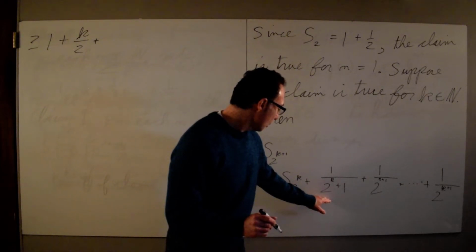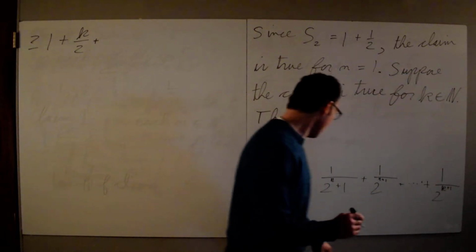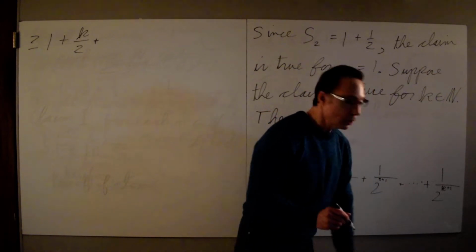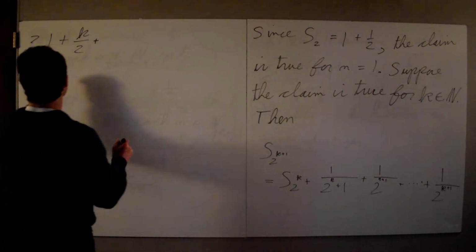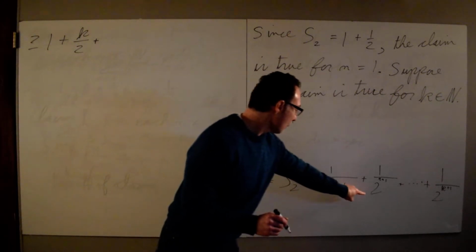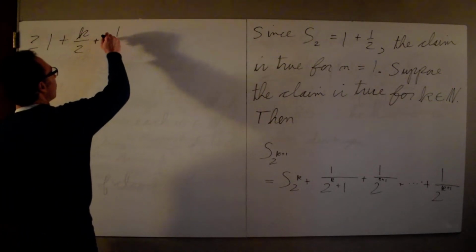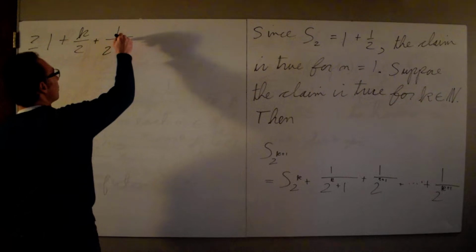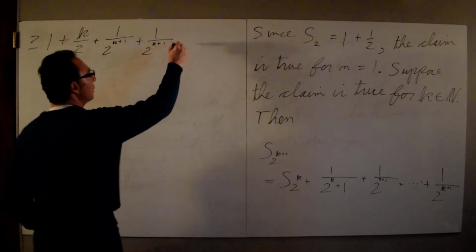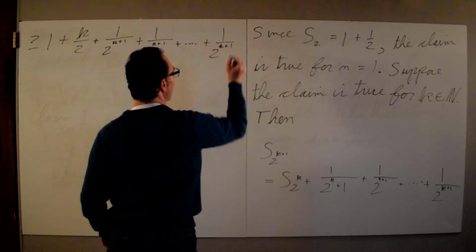Now, these terms here all go out to 1 over 2 to the k plus 1. So these denominators here are all less than or equal to 2 to the k plus 1. So I have this from the inductive hypothesis. Now for the rest of these terms, I'm just going to look at the fractions. This is 1 over 2 to the k plus 1 plus 1 over 2 to the k plus 1 out to 1 over 2 to the k plus 1.